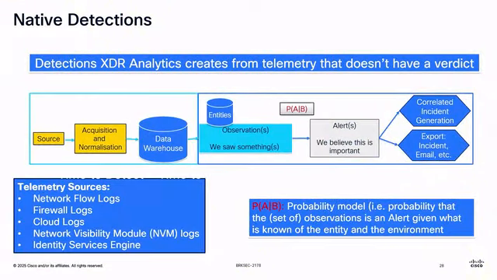So how does the native detection framework, or native detection, work? This pipeline of data, we acquire data, we put it into a data warehouse. Out of the data, we extract what we call an entity.